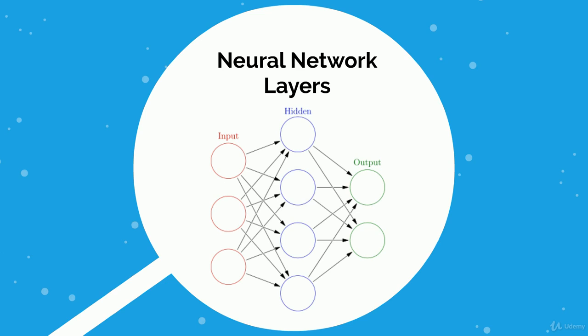If we are processing an image, even if it's just a 100 pixel by 100 pixel image, we are going to have 10,000 inputs. So you can kind of conceptualize how quickly these neural networks will expand and get much larger. Each one of those inputs is connected to a node in what is called the hidden layer.